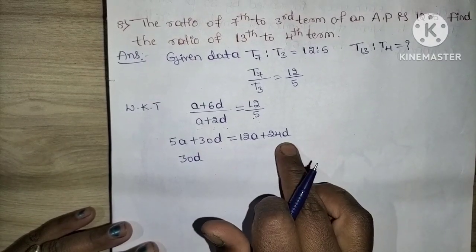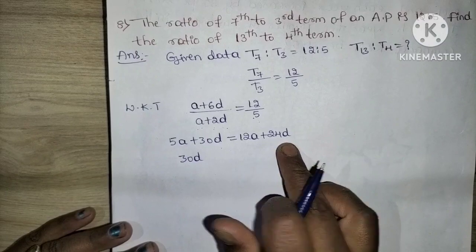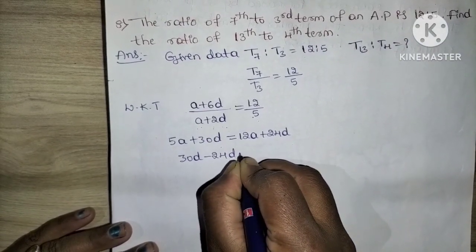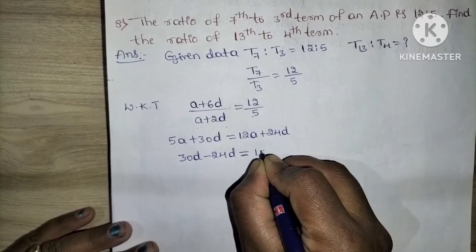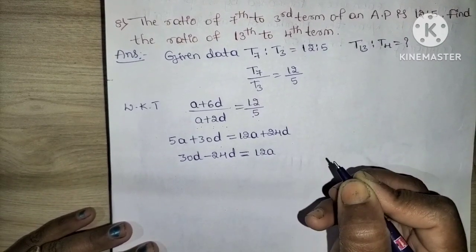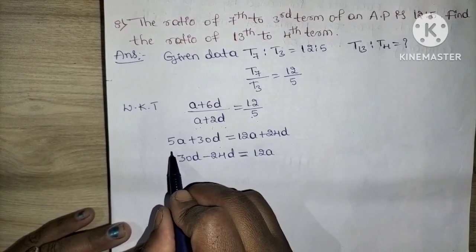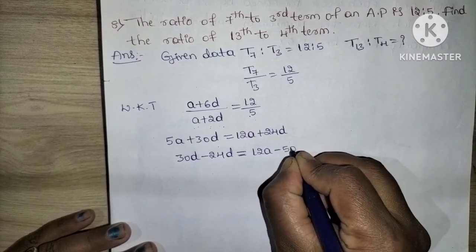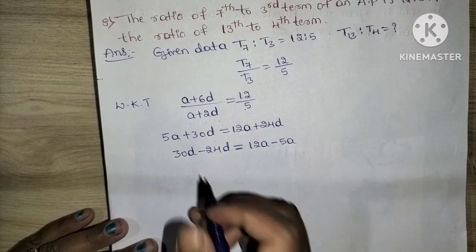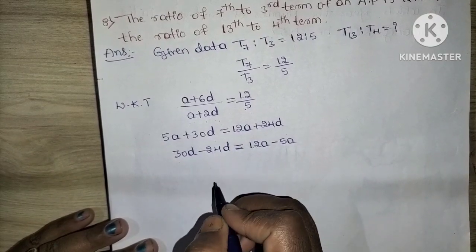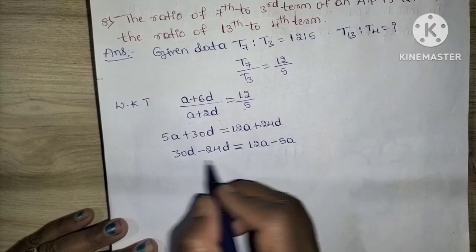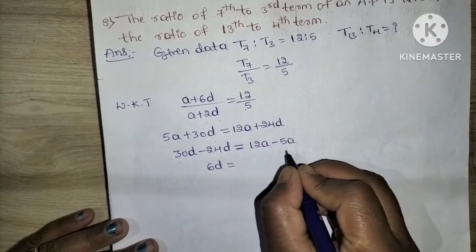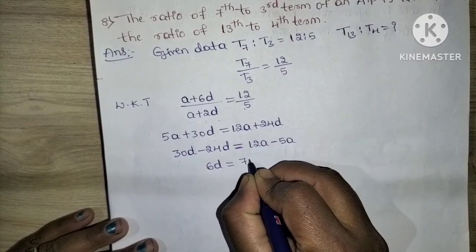If we take plus 24d from RHS to LHS, it becomes minus 24d, and 12a stays as it is. If we take plus 5a from LHS to RHS, it becomes minus 5a. So 30d minus 24d, 6d, is equal to 12a minus 5a, 7a.